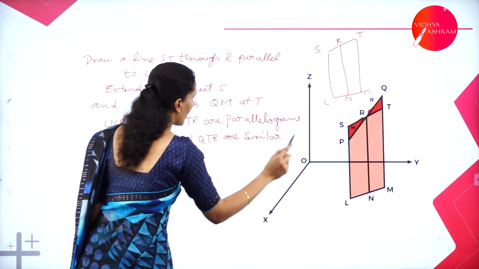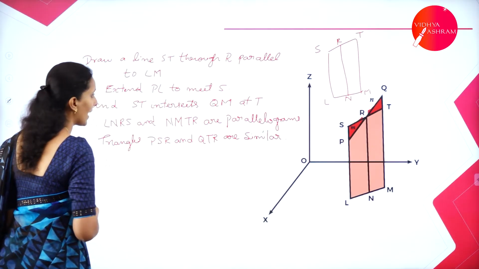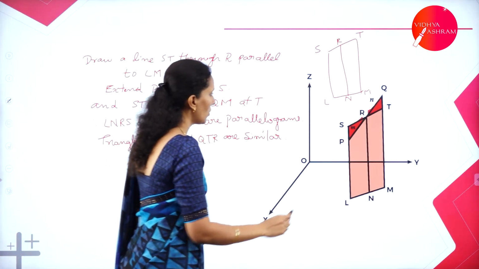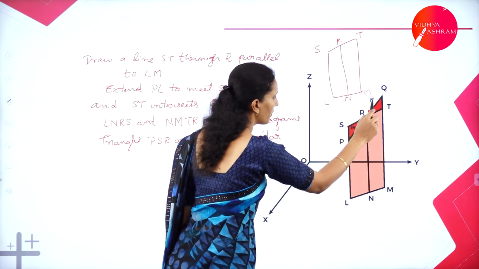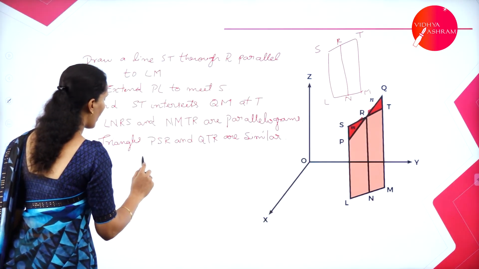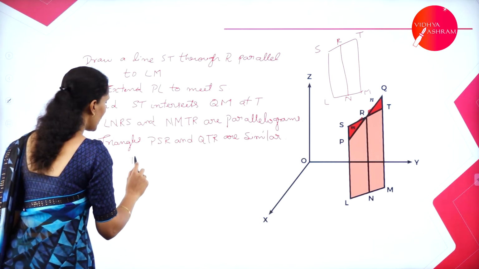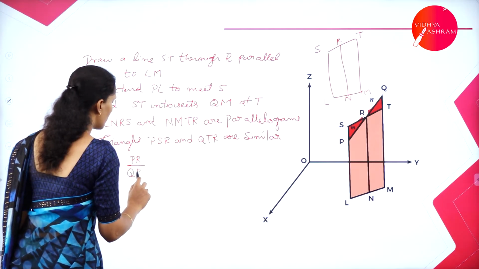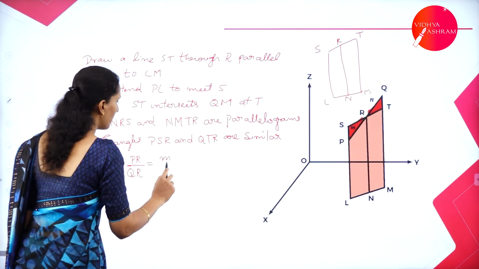When two triangles are similar, we can write their sides in proportion. So we have written this in the form of m and n, so write it in the form of m by n. Therefore I will write this as PR divided by QR, which is nothing but m by n.